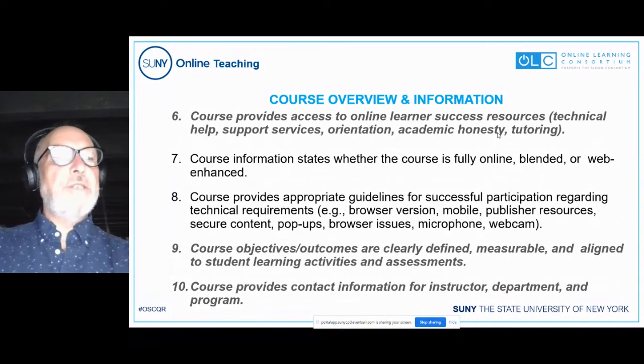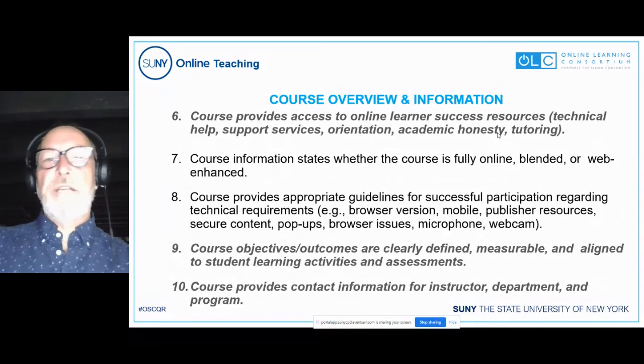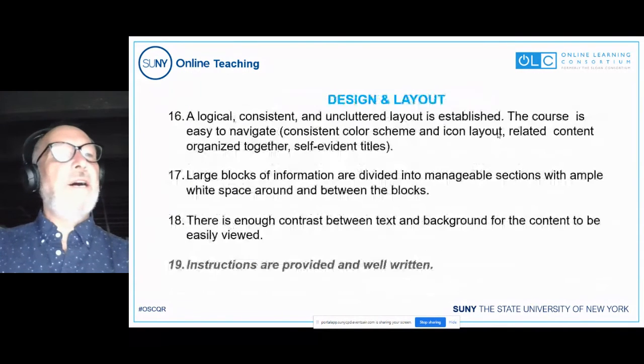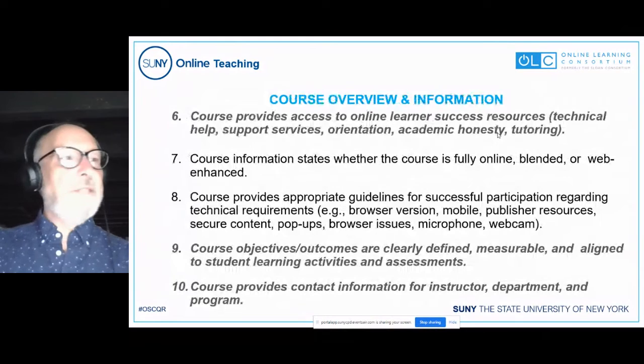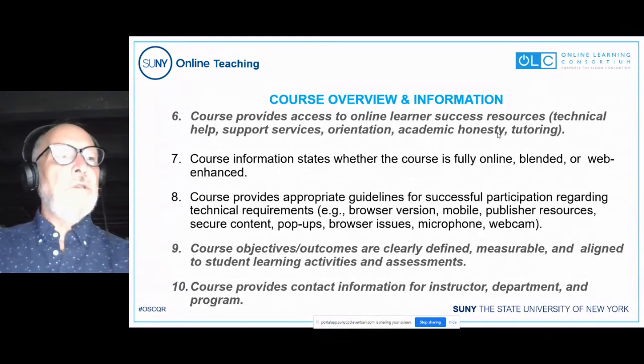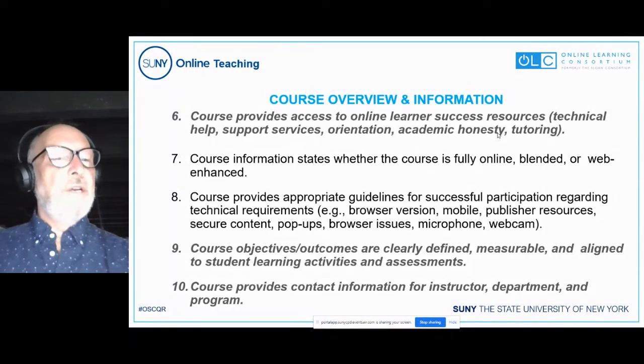As you can see, we have several sections to the OSCAR rubric, and the numbering went a little weird on us, but even when we talk about course objectives and outcomes down on the bottom, those outcomes are clearly defined, measurable, and align to student learning activities.